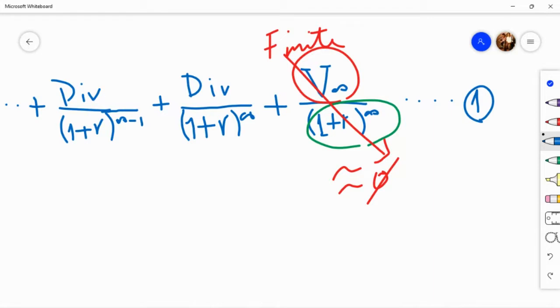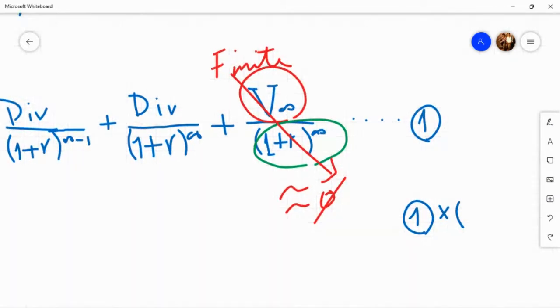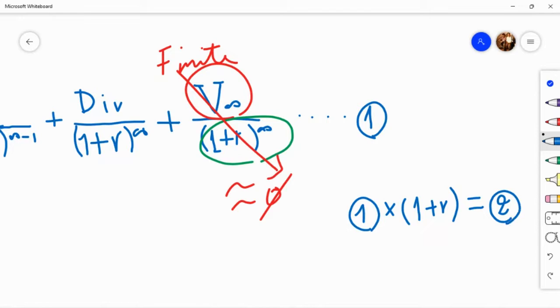And then I'm going to multiply equation 1 by 1 plus R. If I multiply equation 1 by 1 plus R, I will call it equation 2.